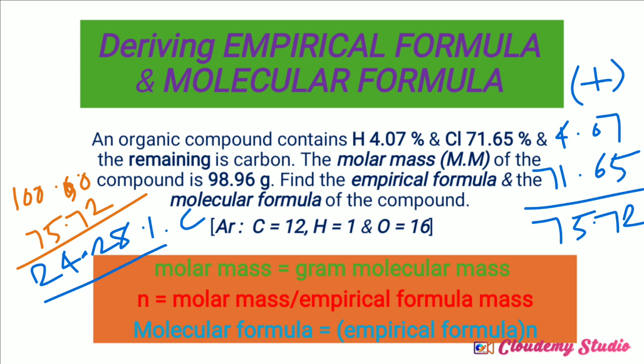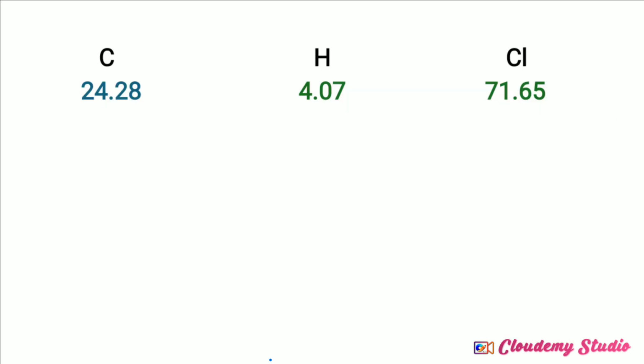So using the percentage mass, we can calculate the empirical formula. First, we convert the percentage mass into gram. This is 24.28 gram carbon, hydrogen 4.07 gram, chlorine 71.65 gram. Next, we need to find the number of moles of atoms. To find it, we divide the given mass in gram by the molar mass of these atoms.